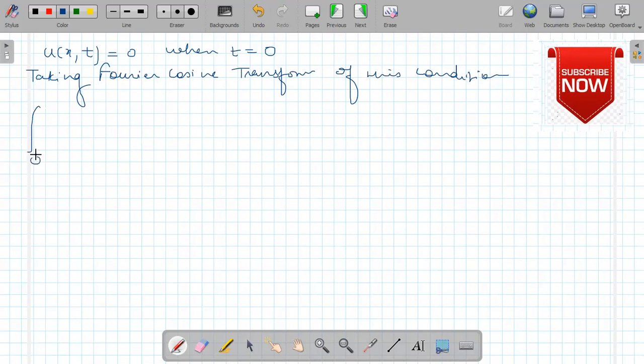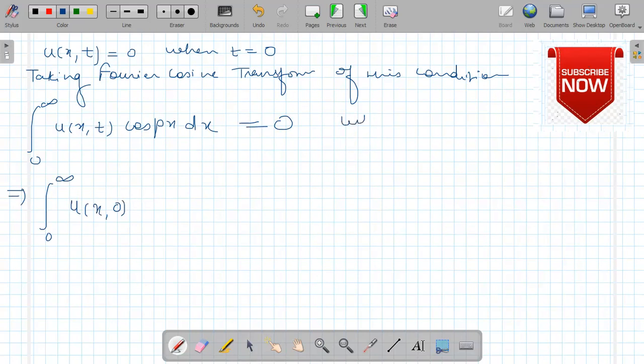So we have integration 0 to infinity u x comma t cos px dx is equal to 0. We put t is equal to 0 here, we replace t by 0 here. U x comma 0, so that we need not write again and again when t is equal to 0.